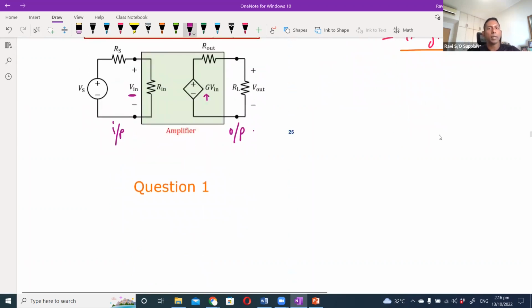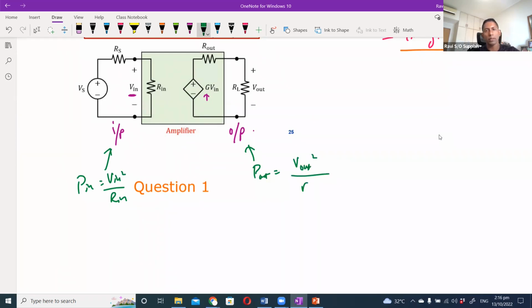We can say that on the input side, the power in is Vin squared over Rin, and on the output side, Pout is Vout squared over RL.